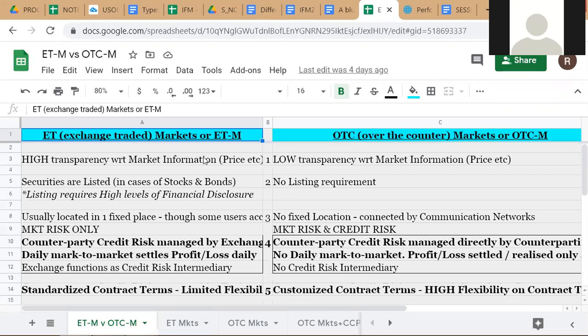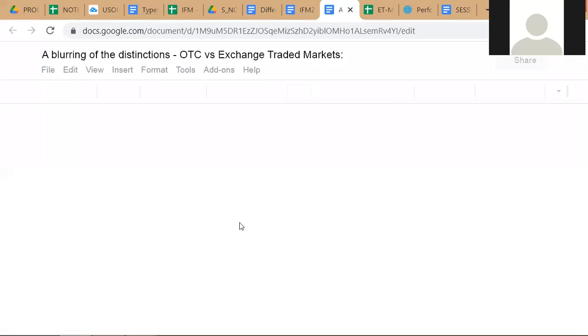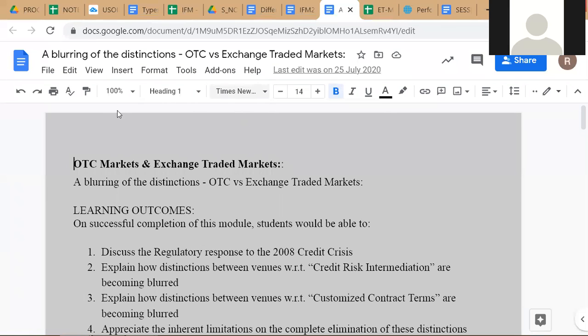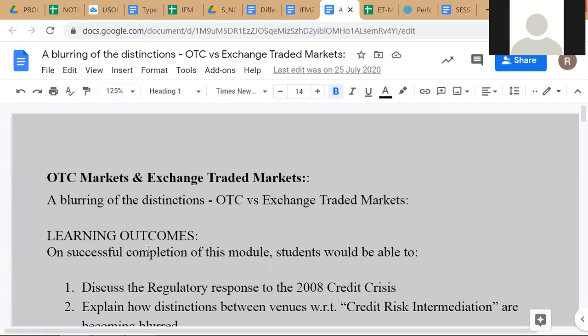And then you have other things like market prices, whether they are transparent and visible, a listing requirement, a fixed location, etc. Once you understand the differences, now what is happening is a blurring of the distinctions. This is a note that you have.